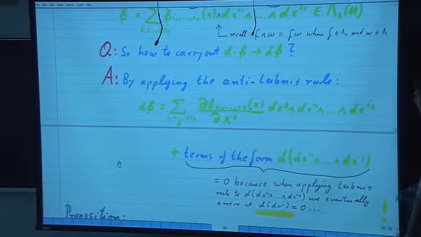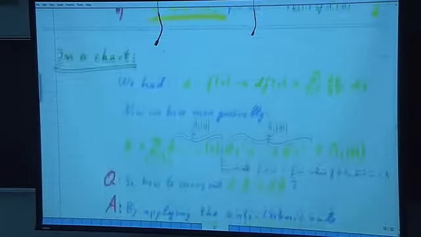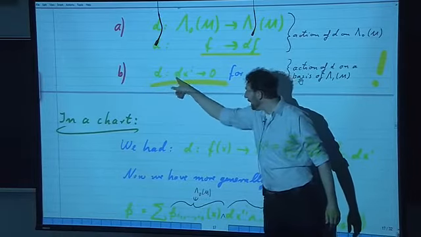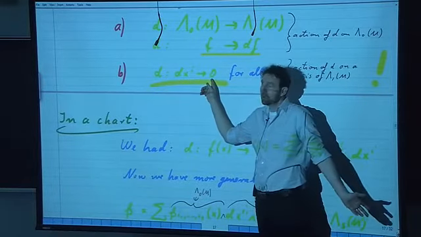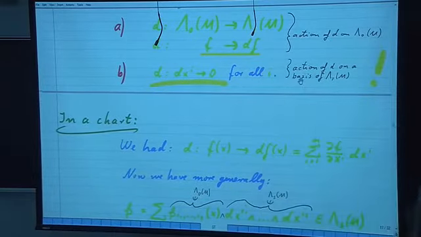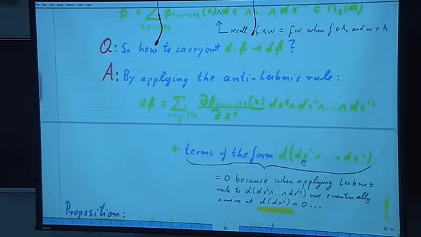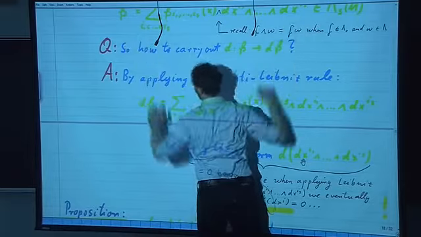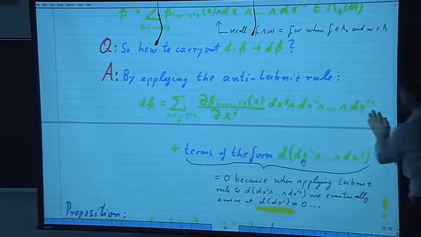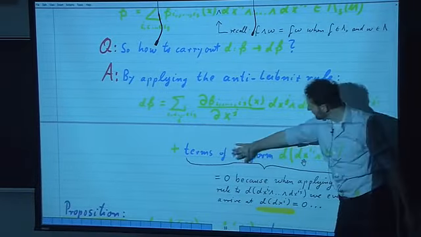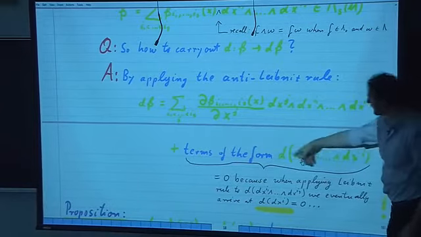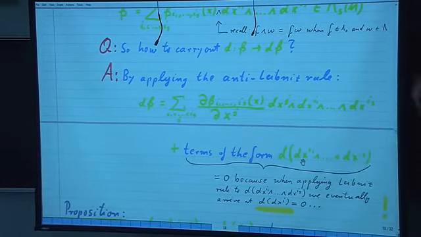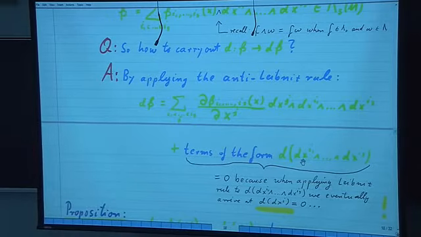Because, if you remember, of that definition, the D applied to dxi is sending them all to 0. So, actually, when we apply the D onto the general S form, we are only left with this first term. The second term goes away. It's 0 because by the Leibniz rule, we get D acting on this, plus D acting on that, plus D acting on that, but all of those terms are 0. Okay.